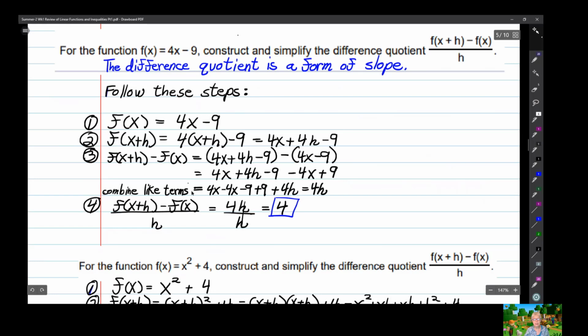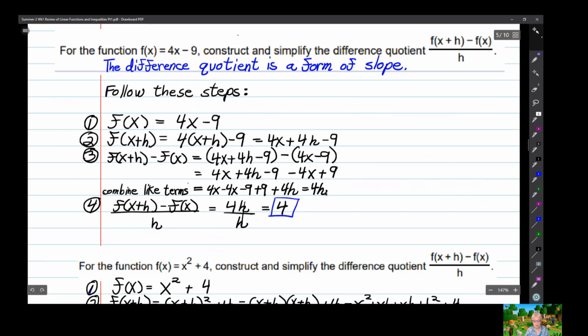I combine my like terms. 4x minus 4x, minus 9 plus 9. What is 4x minus 4x? It's 0. What is minus 9 plus 9? It's 0. So I'm left with 4h. So f of x plus h minus f of x is 4h.